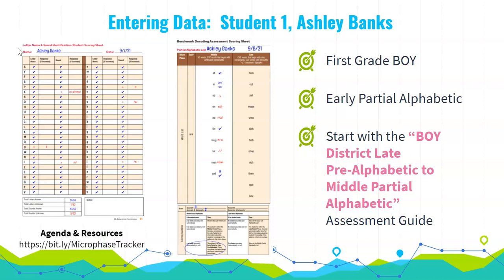If you want to look at these examples up close, you have access to this example student data on your resource agenda. A little bit of background information about Ashley is she is a first grade student who was administered the beginning of year EL benchmark assessment. She is currently working in the early partial alphabetic phase according to her assessment data.